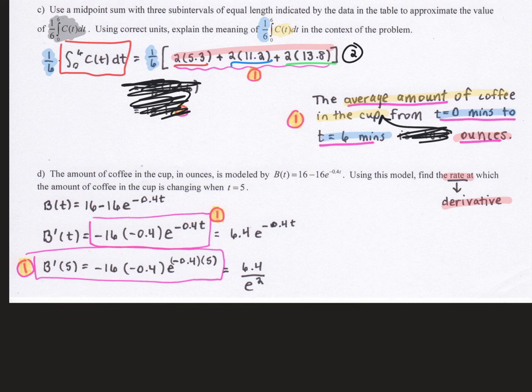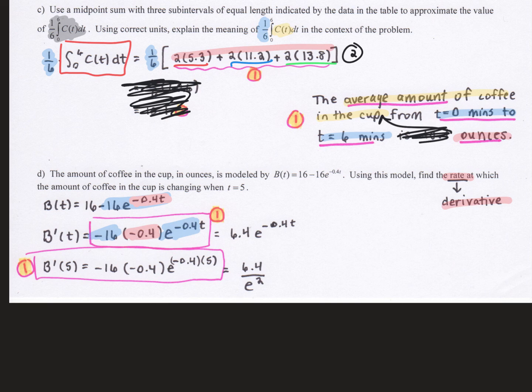And then I need to do the derivative of negative 16e to the negative 0.4t. That's an exponential derivative, and that rule is you write down exactly what you see times the derivative of the exponent. And the derivative of that exponent is the negative 0.4. You can simplify this if you want to, but without a calculator, I would just leave it exactly as I have boxed and earn your point.